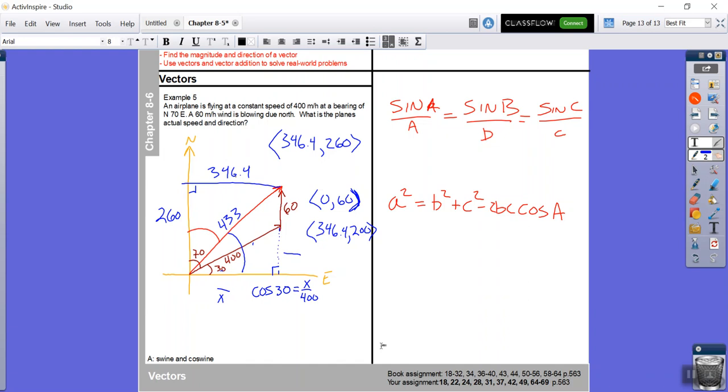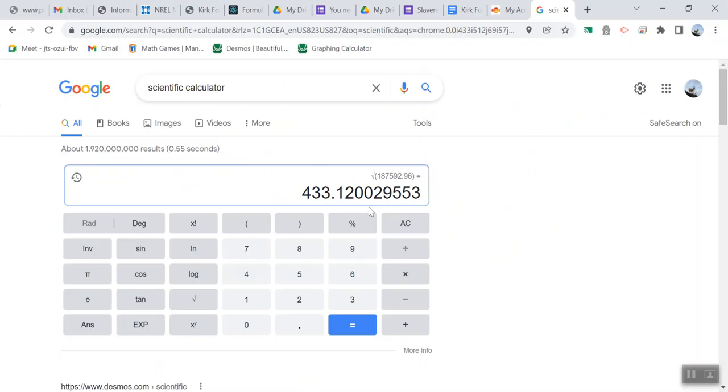So we're going to say that the cosine of angle theta is equal to the adjacent over the hypotenuse, so we have 260 over 433. So I'm going to go back to my calculator.